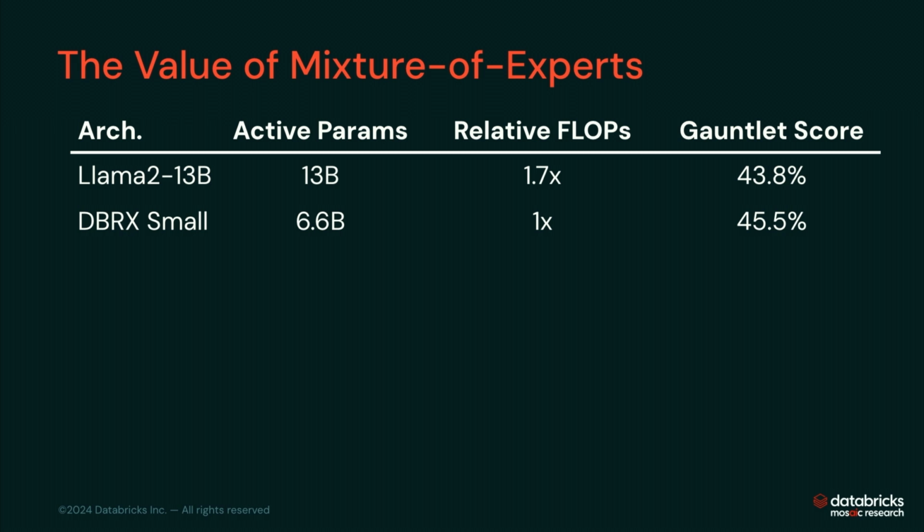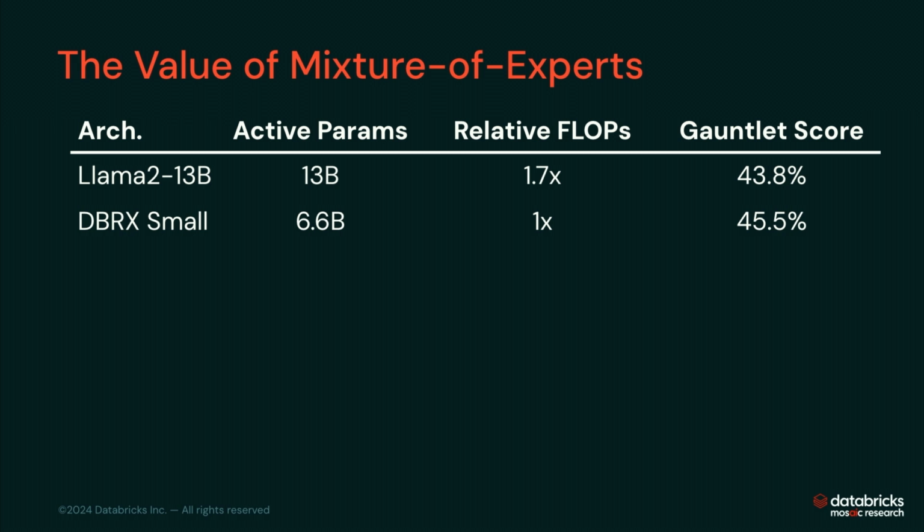This is one of the gating runs that we did before we trained the full DBRX, where we can achieve the same quality, or actually slightly higher evaluation quality, with almost half of the flops, right? So with half of the compute, we're still able to achieve the same eval score. And not only that, because this is a mixture of experts model and we tweaked the parameters the right way, the amount of active parameters is also half. So instead of 13 billion active parameters, we only have 6.6.